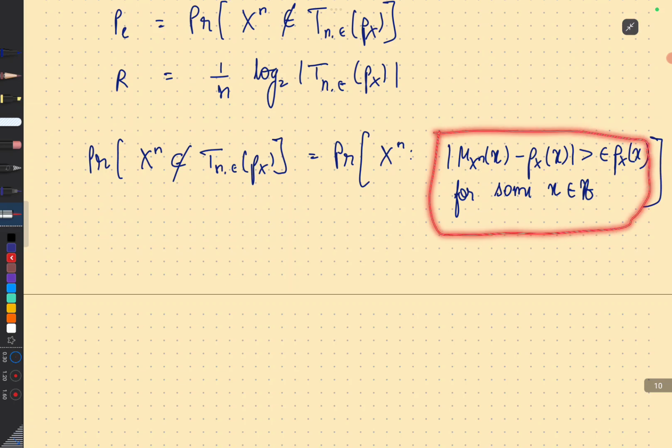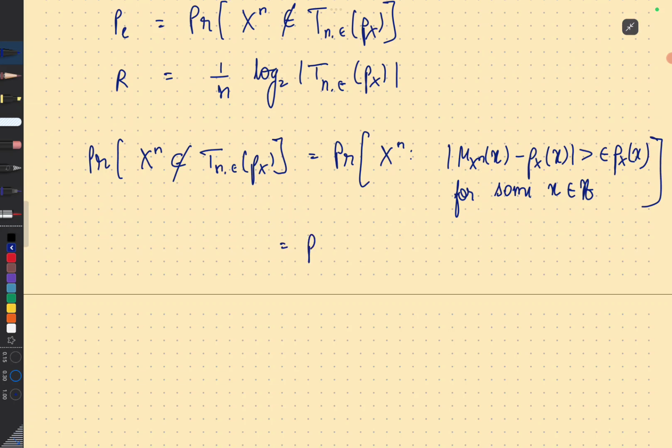Now, this particular event that mu_{X^n} is not epsilon close to p_X is basically a union of events.